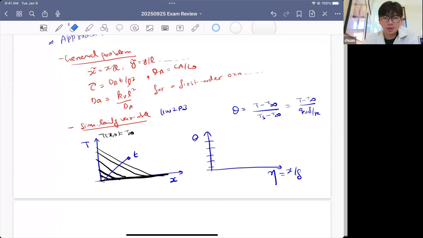So in general, it's a good idea to consider the change in the profiles, the temperature profile, the concentration profile, before we start the problem. So in this case, clearly the temperature is changing. But what if I say that temperature was fixed at T wall, right?